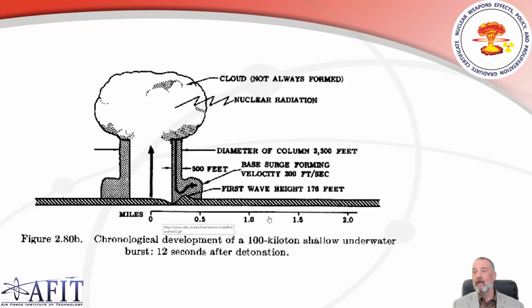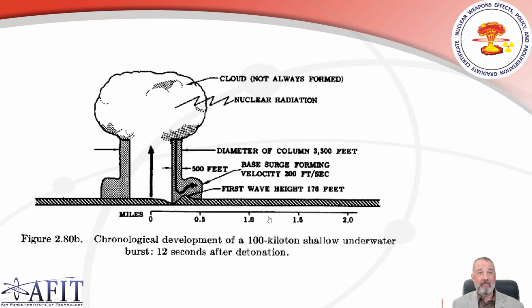So what we see here is that for 100 kilotons, the diameter of this water column that we've created is about 3,300 feet. So, more than half a mile. Actually, more like 2/3 of a mile. The amount of water that's being dumped and creating this giant wave creates that base surge, and the base surge is pretty enormous.